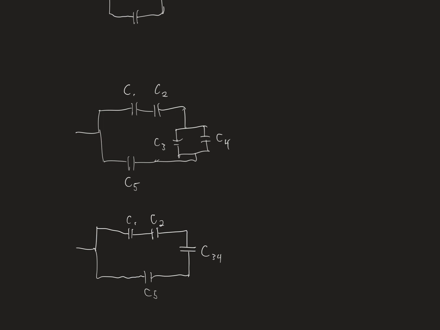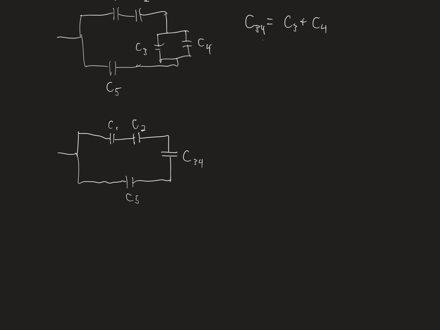How would I get what C34 is? What would be the equation for that? C34 equals C3 plus C4. They add normally. Why? Because they're parallel. And how about down here? These are all in series with each other, right?